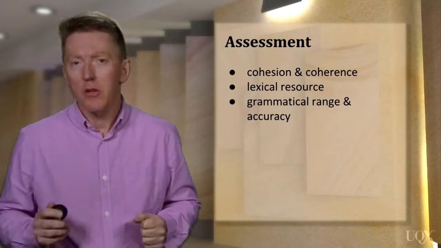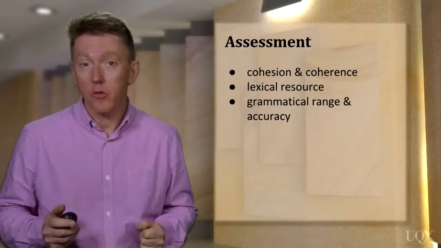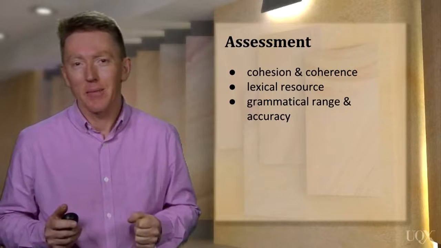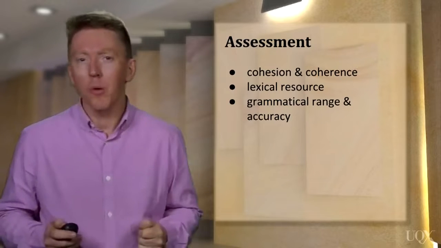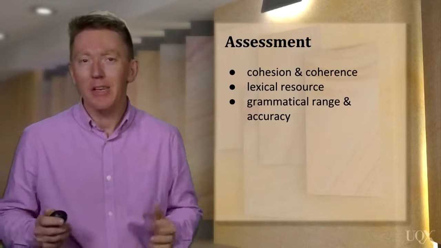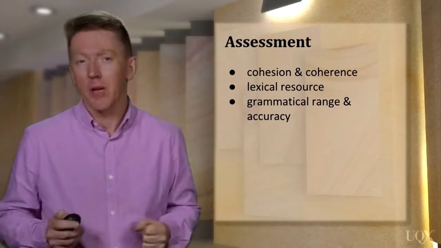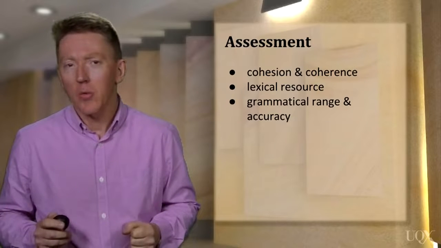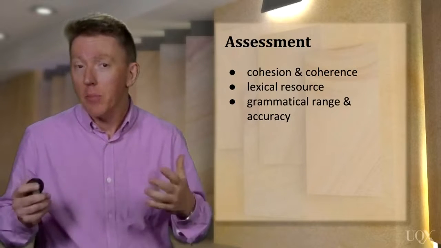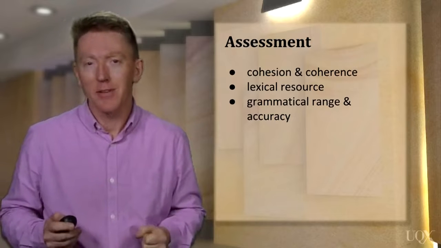This is your ability to use a range of grammar structures accurately and appropriately. There's one more important area on which you'll be assessed, and that is your ability to answer the question, because each writing task requires a different type of written response, and they're marked slightly differently.